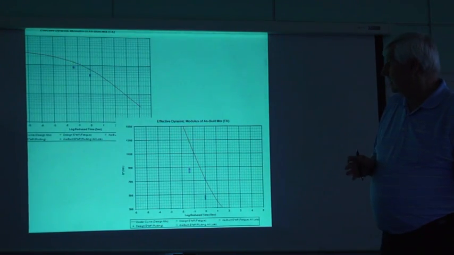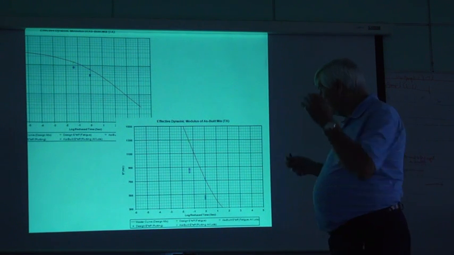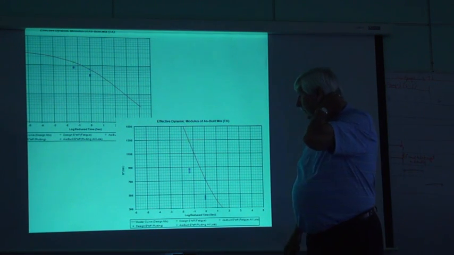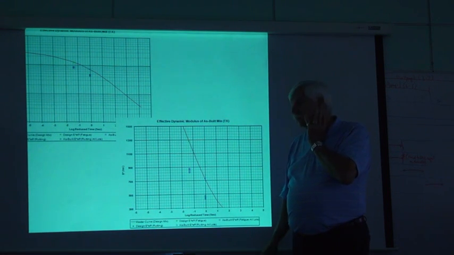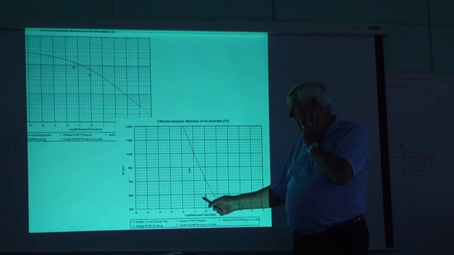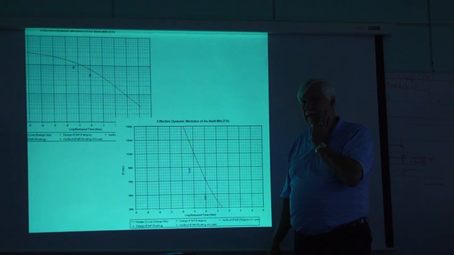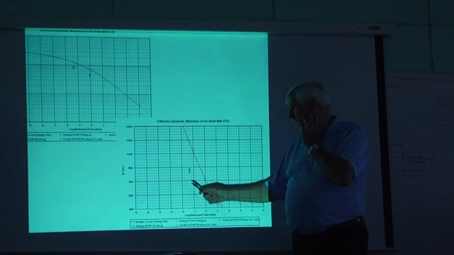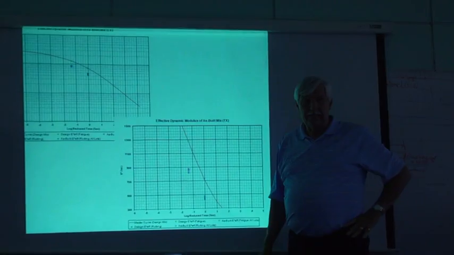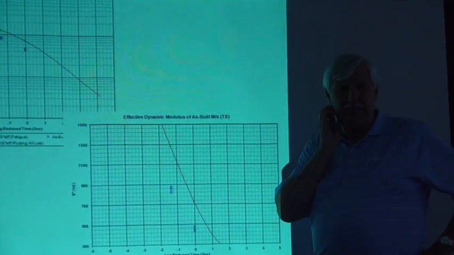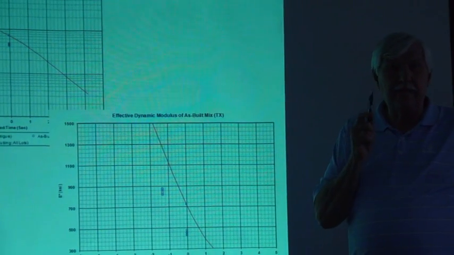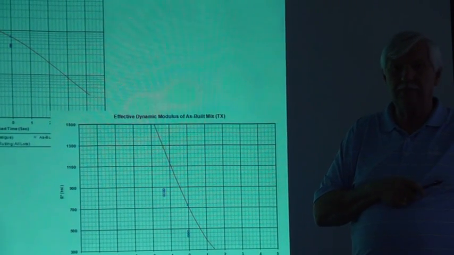Okay, here are some results. I just want you to get thinking about this. Here, for example, is Texas. Here's what the contractor performed in lots. One was for fatigue and one was for asphalt. This is the master curve, and it shows this is what the designer said the E should be.